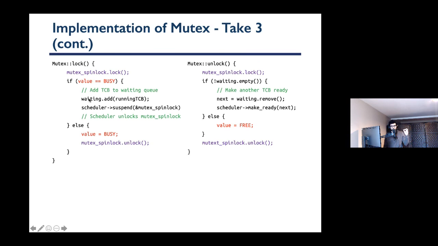I still have busy waiting here in this lock because this spin lock has busy waiting, but this busy waiting only happens for a short period of time when one thread is changing the state of the mutex.